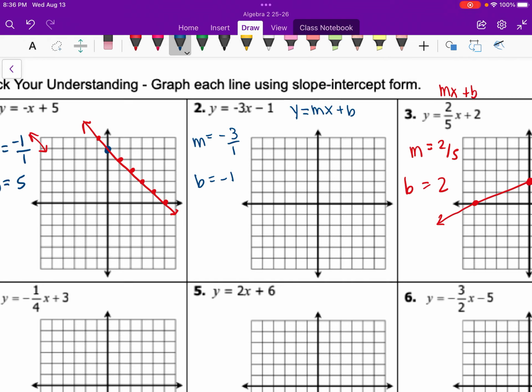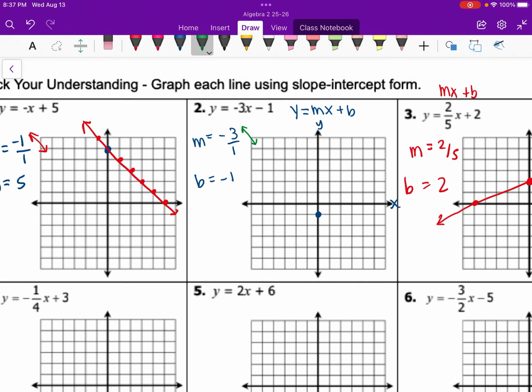You always start on the y-axis. So start at -1. And then we have a slope of -3. So when we graph this, we should have a negative line, so the general shape there should be decreasing. So I'm going to go from my y-intercept at -1.